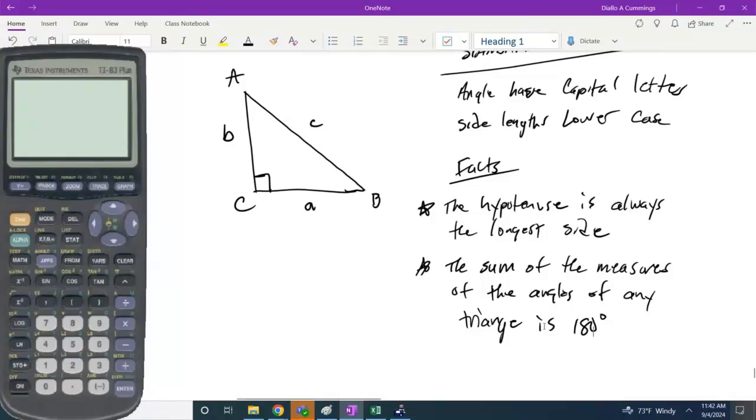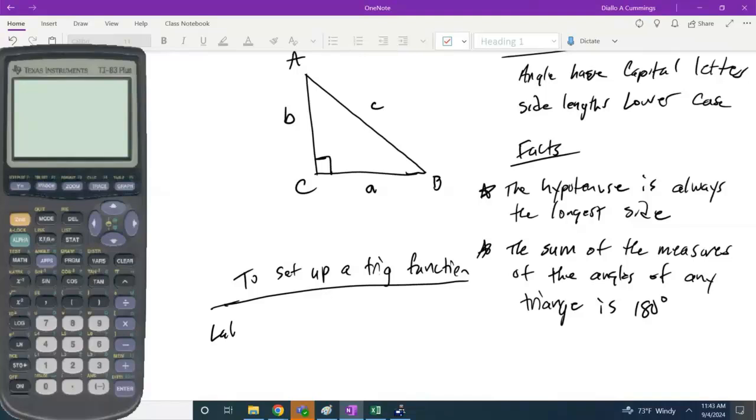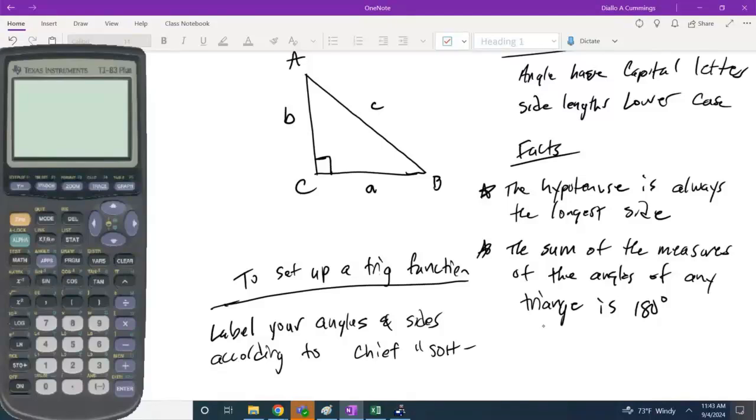So when you are asked to set up a trig function, you want to label your angles and sides according to Chief Sohcahtoa.